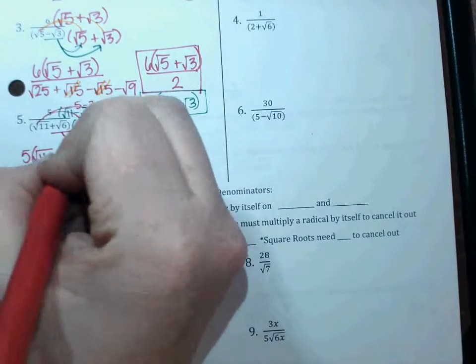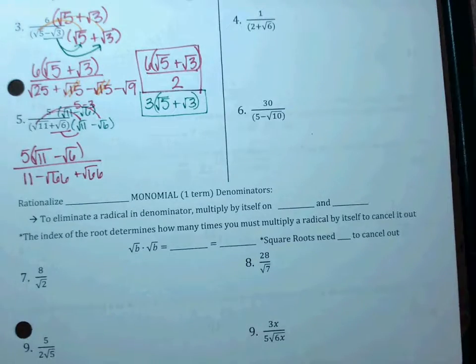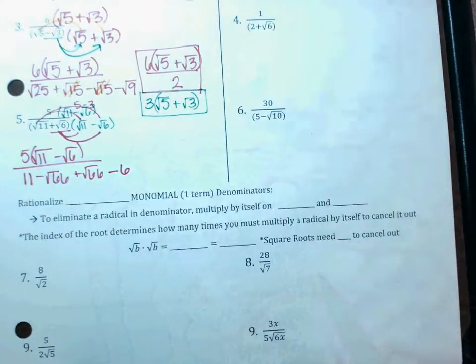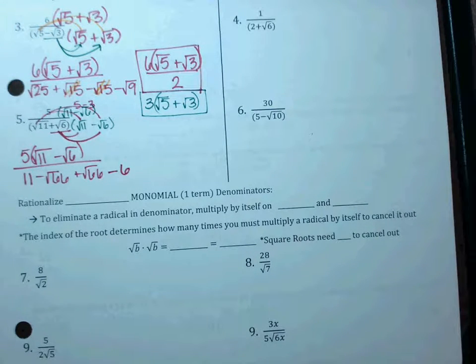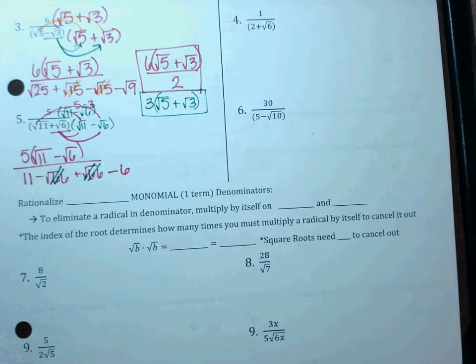Root 6 times root 11 is a plus root 66. And then root 6 times minus root 6 is minus 6. But then your middle two guys, the root 66 and the minus root 66, cross out. And what is 11 minus 6 left over on the bottom? 5.